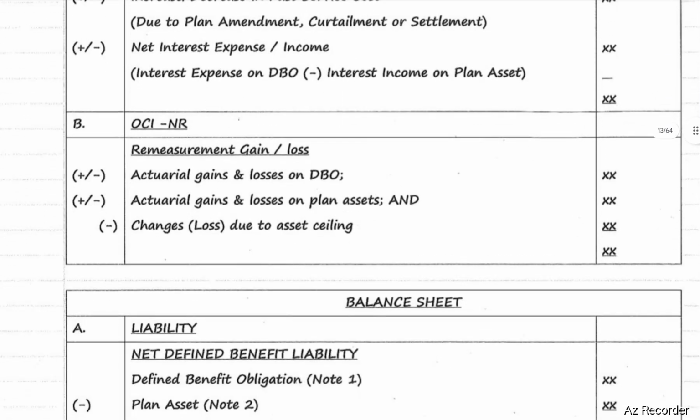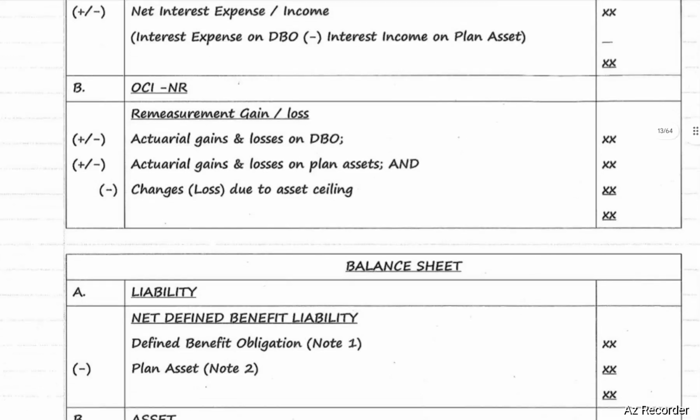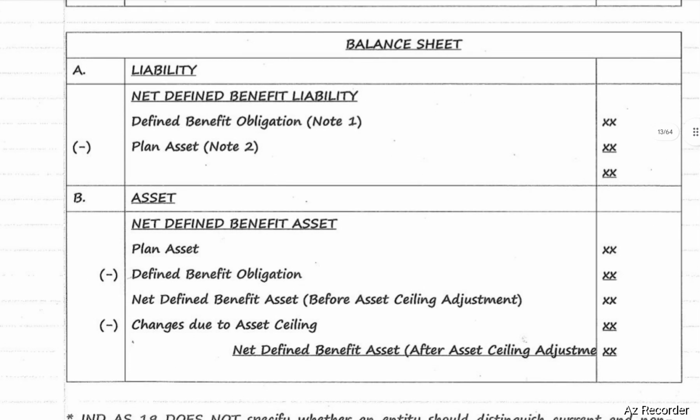Next, OCI, which is not reclassified to P&L: remeasurement gain or loss. That is plus or minus actual gains and losses on defined benefit obligation, plus or minus actual gains and losses on plan assets, and minus changes, that is loss due to asset ceiling. Next, balance sheet. Liability: net defined benefit liability, defined benefit obligation less plan assets.